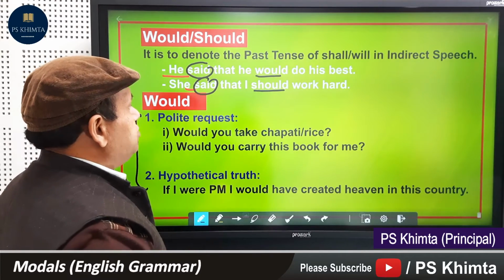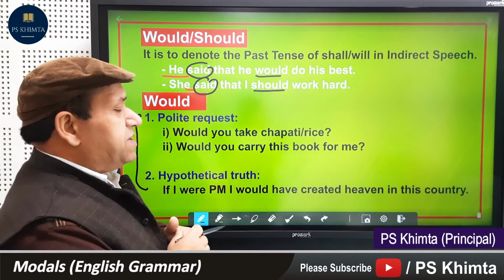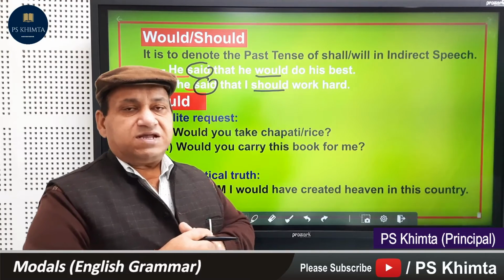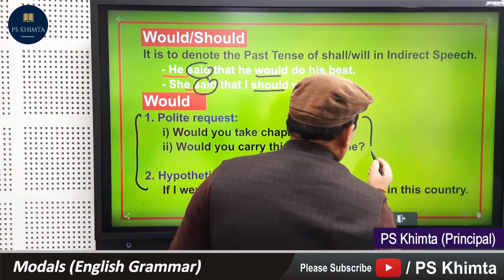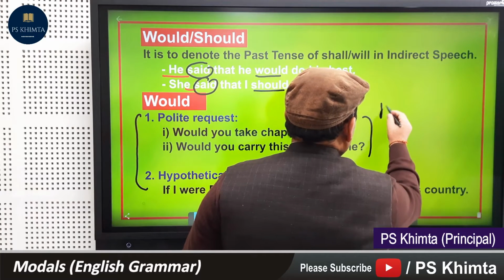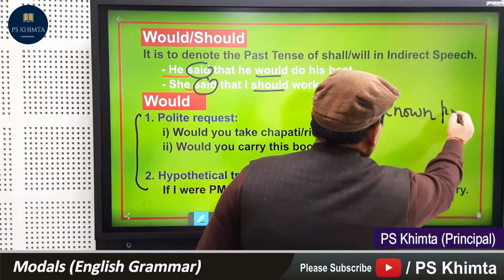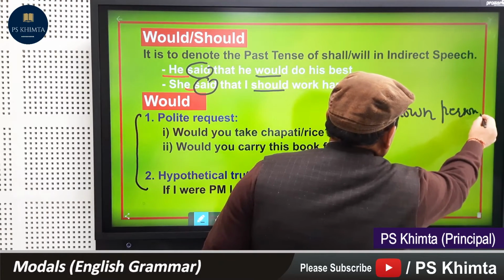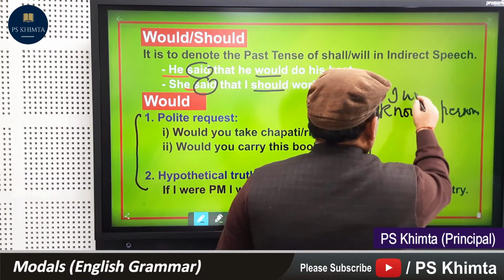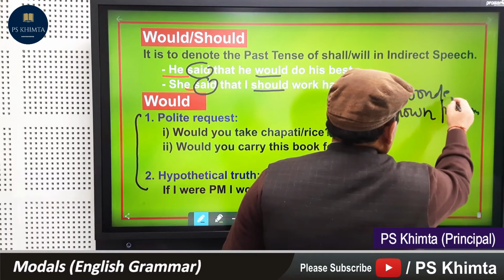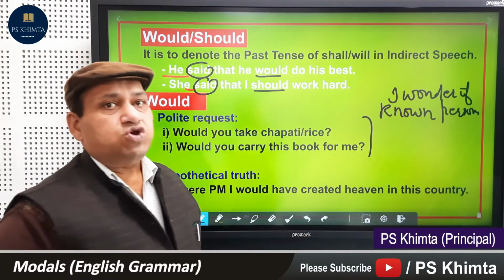Now there are some other uses of would also. The first thing is polite request. When you make a polite request to somebody, say, would you take chapati or rice? It's a polite request. But I'll add here a very wonderful thing, that when you speak to some unknown person, you always say, I wonder, if you would take chapati or rice.